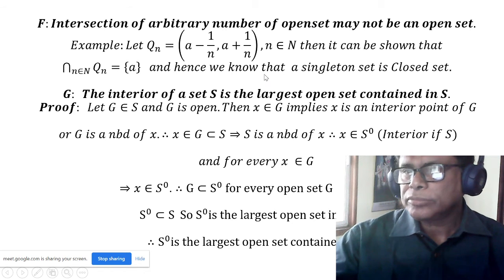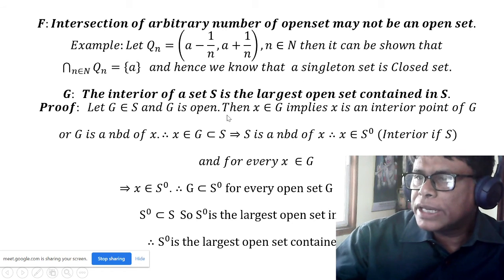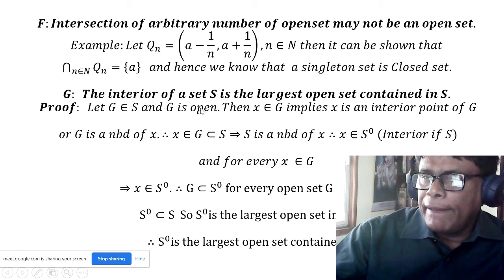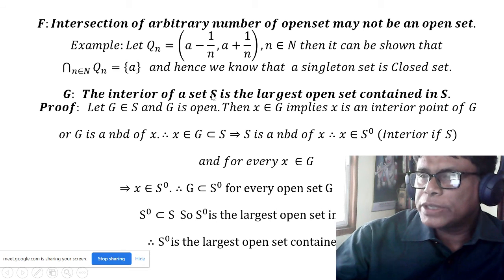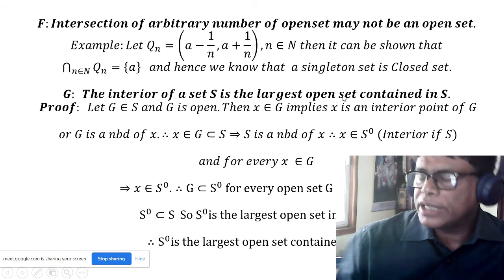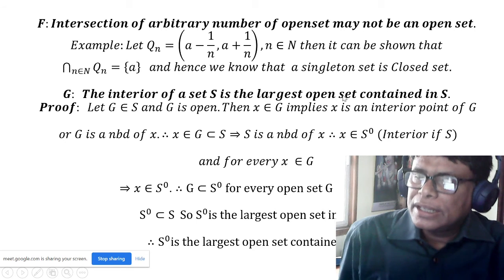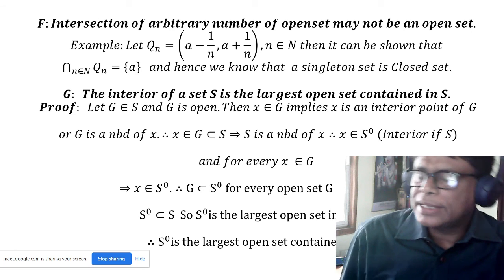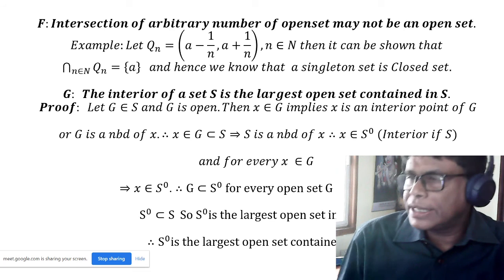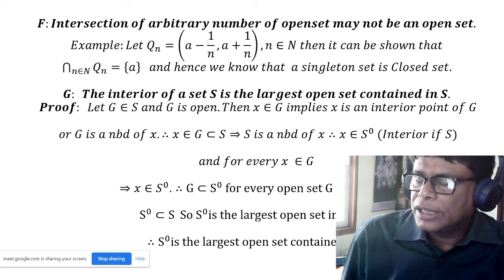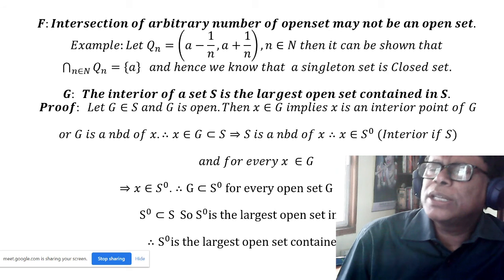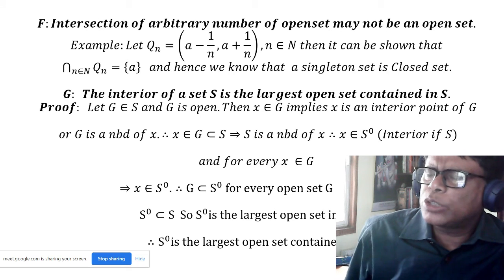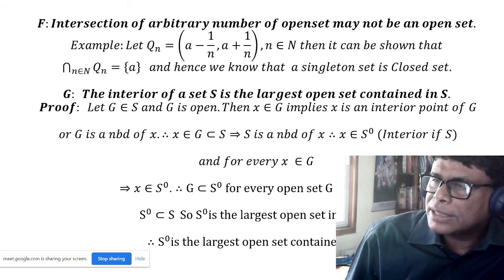The interior of a set is the largest open set contained in S. This is very important. Suppose we have a set S and a set interior to it. Which one is the largest open set that is wholly contained within the set S?